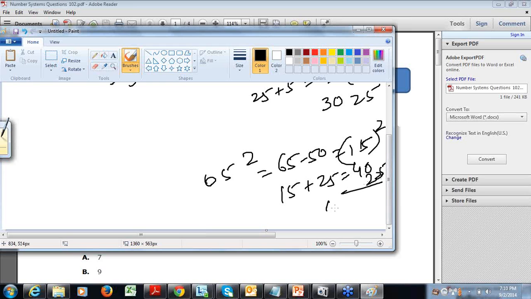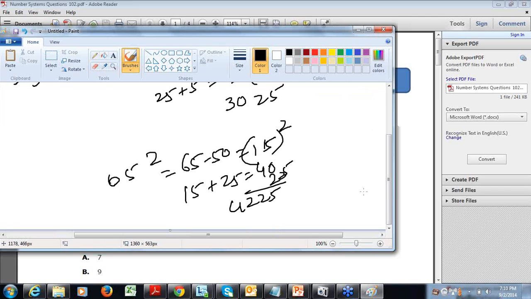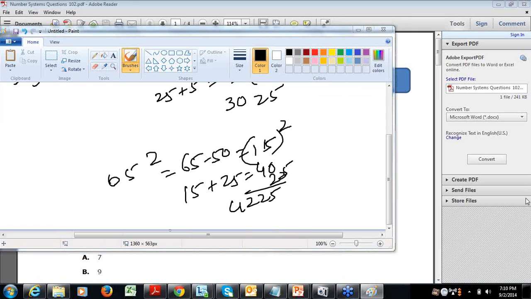Now add this, so 4225. Everybody got this? Okay guys, so this is how you will find the squares of numbers from 50 to 75.